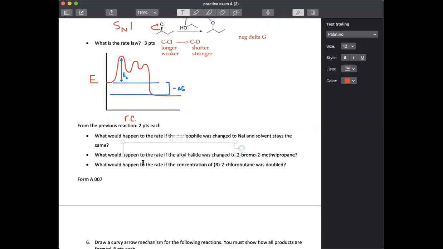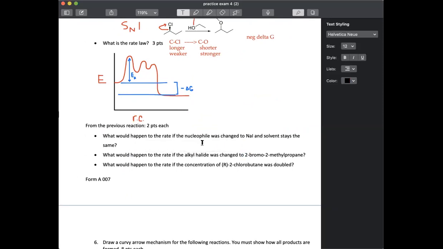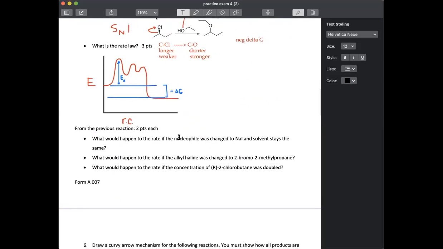Increase, better nucleophile? So no, we're changing the nucleophile.